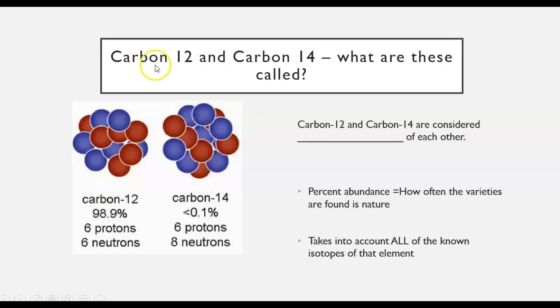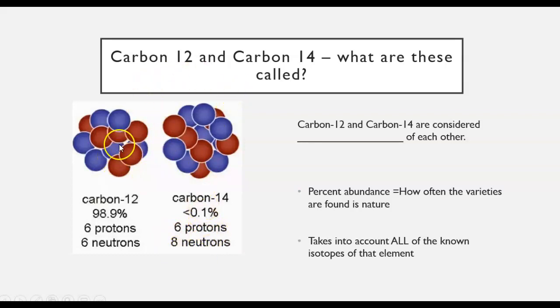Okay, so carbon 12 and carbon 14. What are these called? Why is it called carbon 12 and carbon 14? Well, I can see that there are 6 protons and 6 neutrons in carbon 12. That might help me out. Carbon 14 has 6 protons and 8 neutrons.